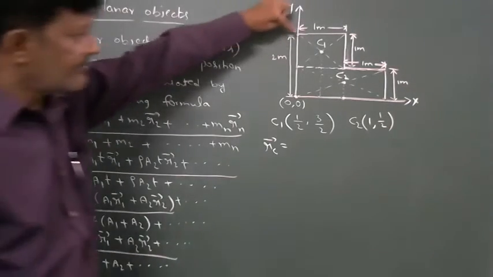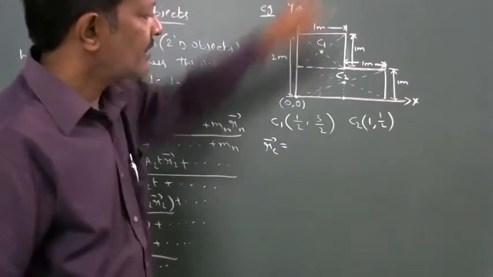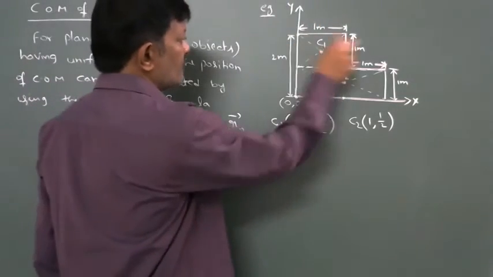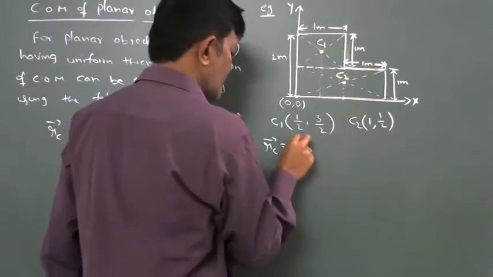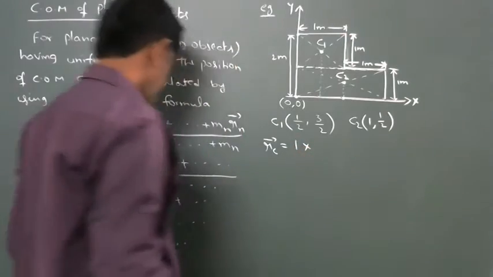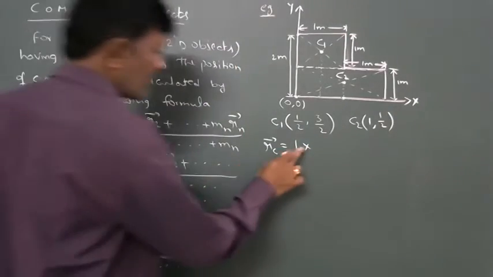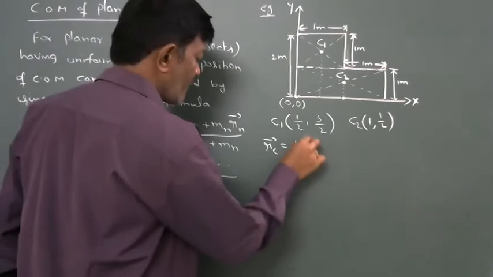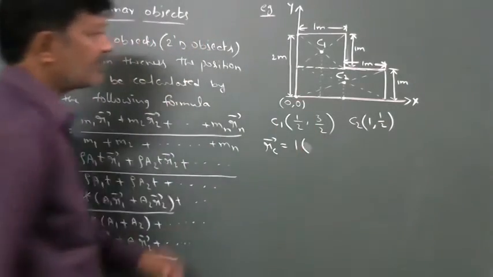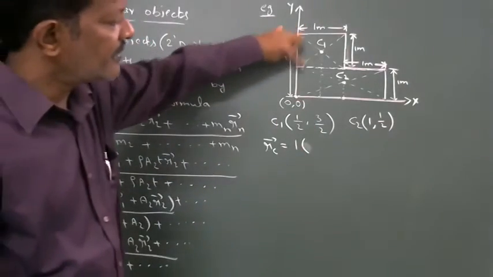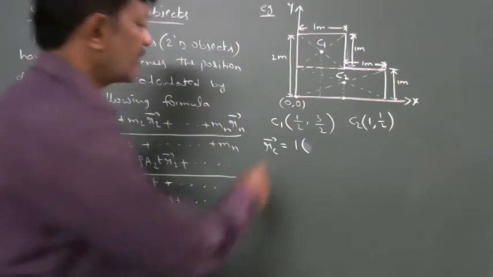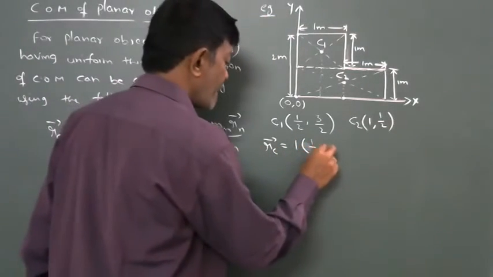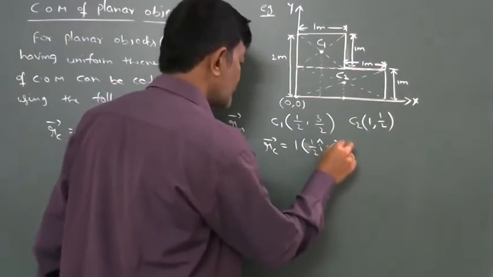A1 means area of the first figure, that is 1, this is 1 into 1 into R1 bar. R1 bar means position vector of C1. Position vector of C1 is half I cap plus 3 by 2 j cap.